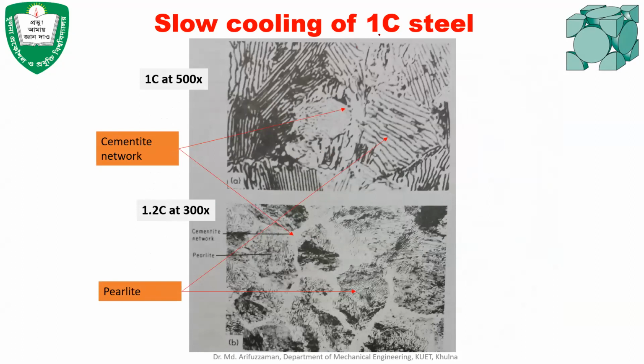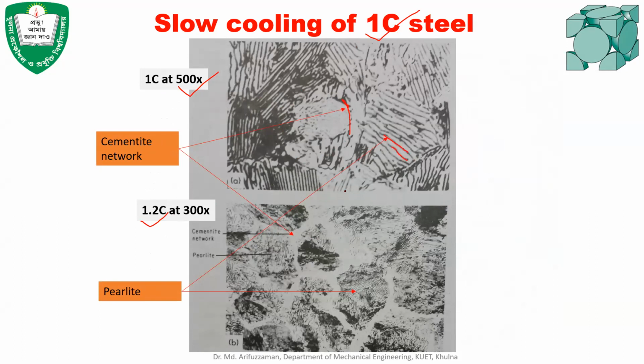And this is an example for 1% carbon steel. In this case, at 500x magnification, these black regions are the cementite networks around the grains. For 1.2% carbon at 300x magnification, these are also cementite networks.